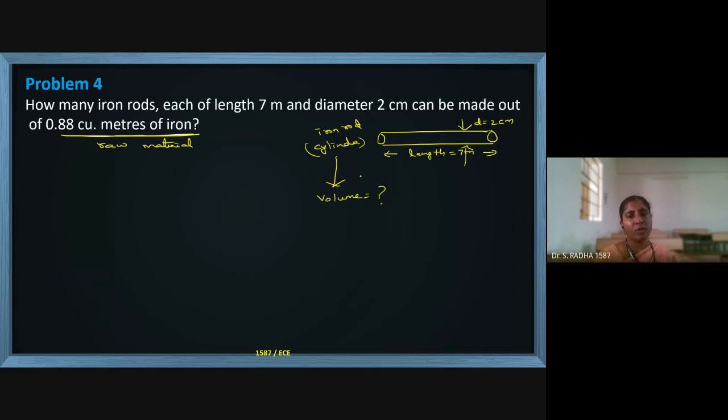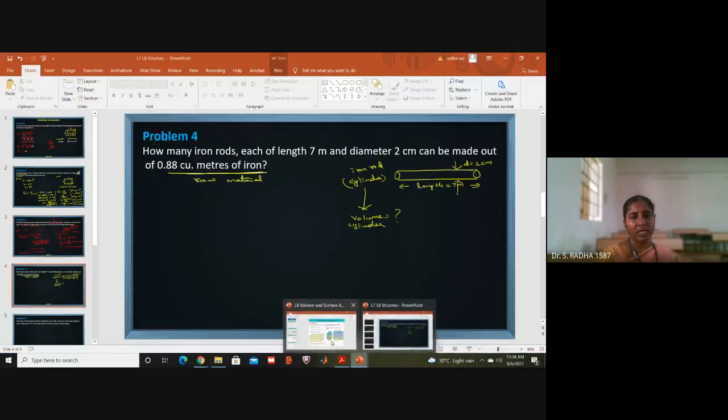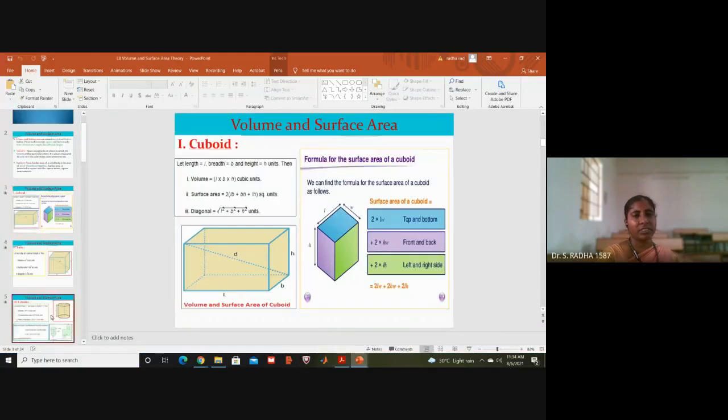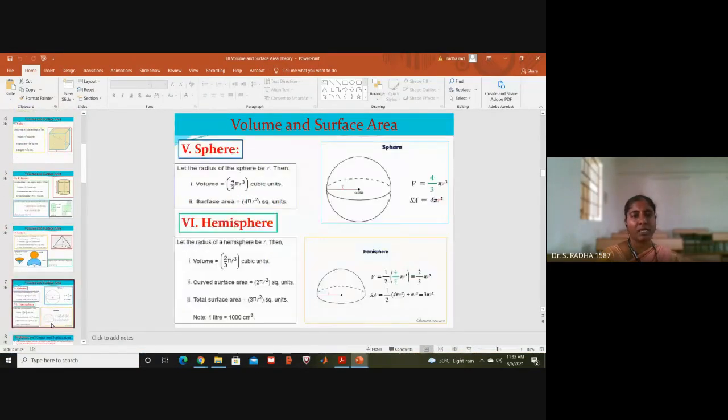Okay, so volume of cylinder, I will try to find volume of cylinder. So we have seen pi r square h, I think. This is the cylinder diagram. Pi r square h is the volume.